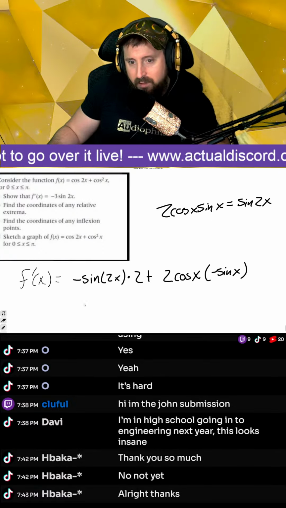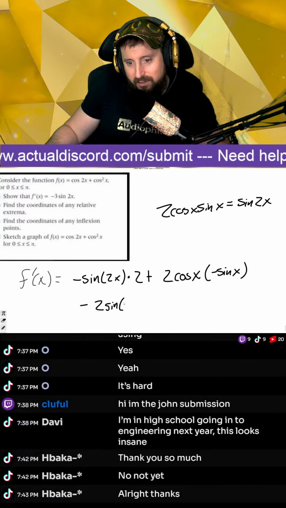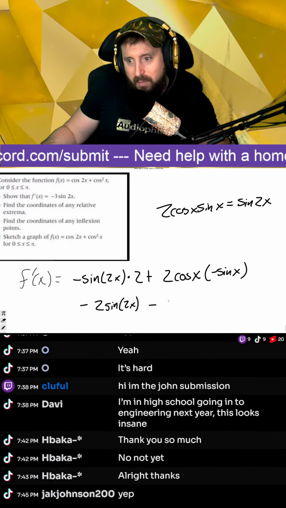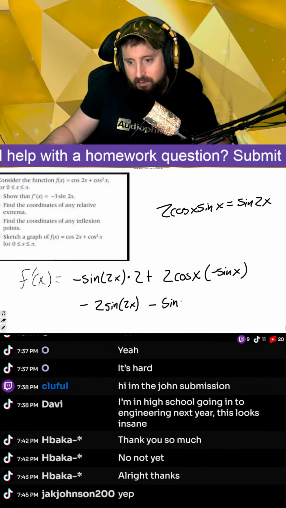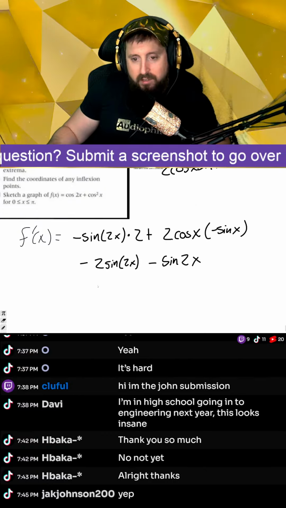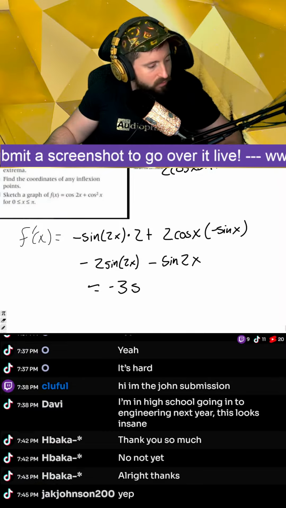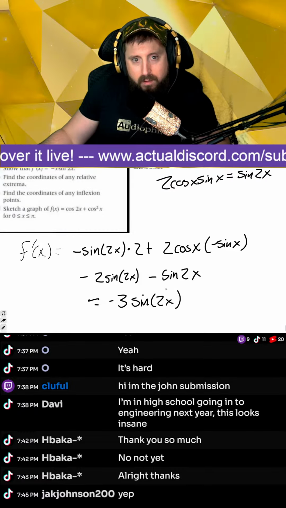I believe it is. So, minus 2 sine 2x, minus sine of 2x. So you have 2 sine 2x's and another sine 2x, that's going to be minus 3 sine 2x. Okay, cool.